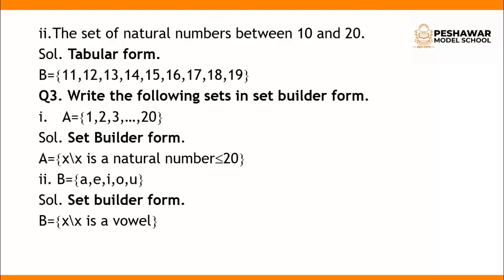In set builder form, a general element is denoted by a variable x and a characteristic property is mentioned which is common to all the elements of the set. So we pronounce it like this: B is equal to x such that x is a vowel.